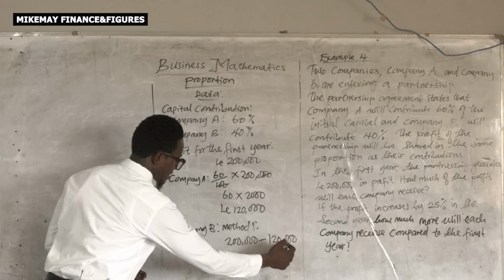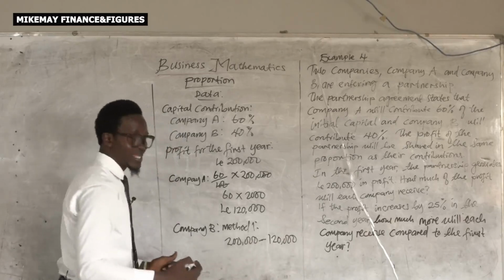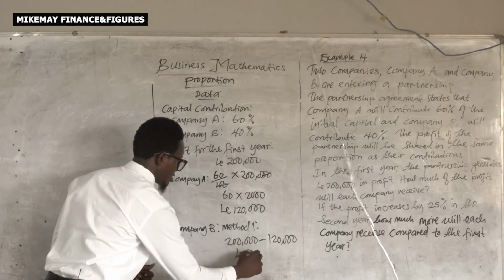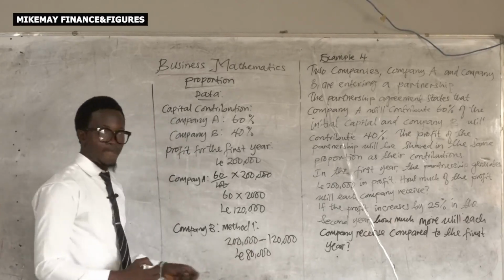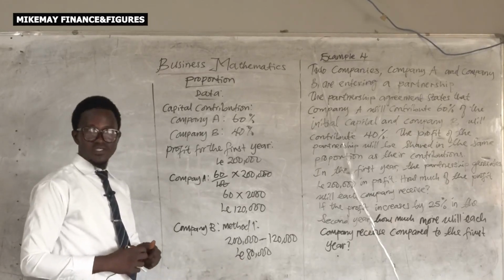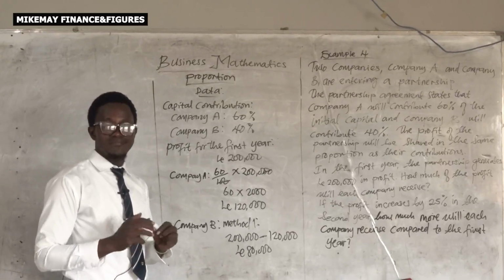And if I subtract 120 from 200,000, I should be able to get 80,000, right? So this is method 1. That is the amount of profit received by company B.